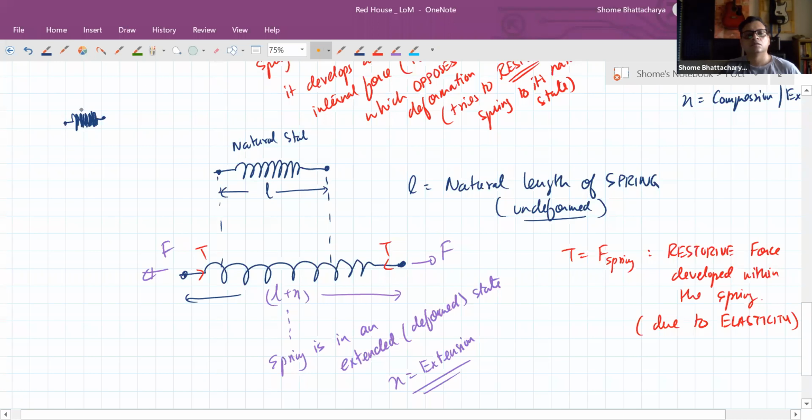To compress it we will have to apply external force like this, so that the state of the spring has gone from its natural state to a compression. If it is compressed by x, then again it is a property of the spring that it will develop its internal force, again the restorative force.